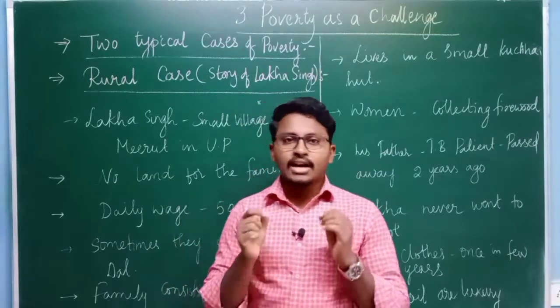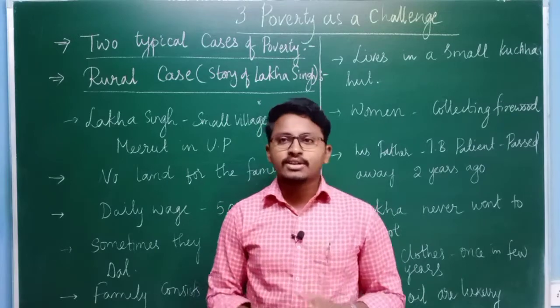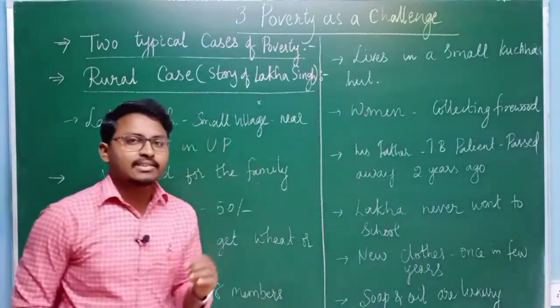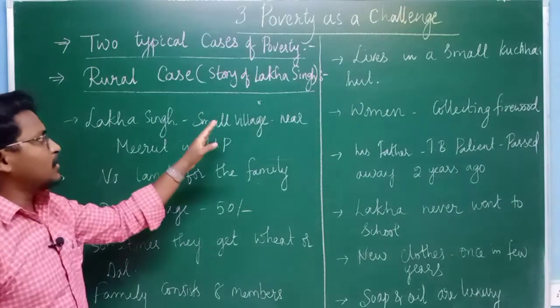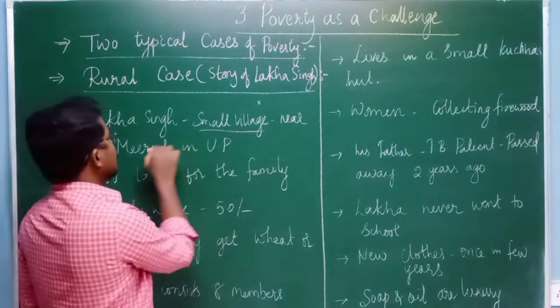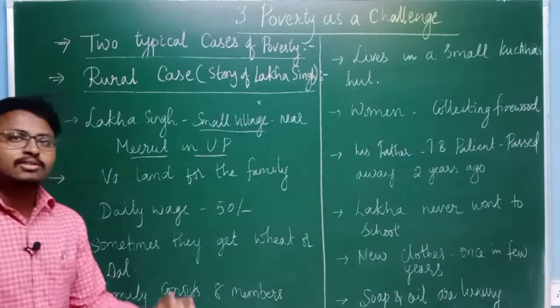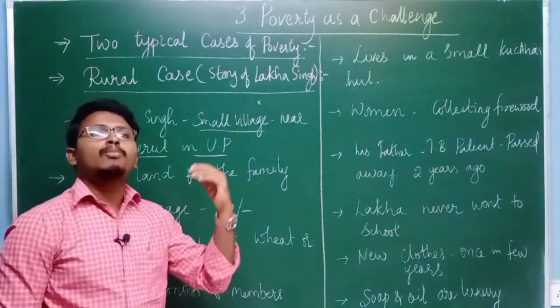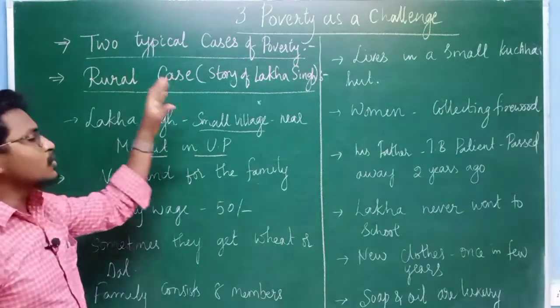Let us discuss another important case of poverty in rural areas, the story of Laka Singh. Laka Singh is a person who lives in a small village near Meerut in Uttar Pradesh. So let us discuss his family condition and how poverty exists in rural areas.